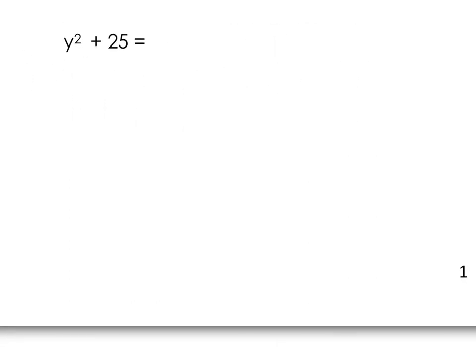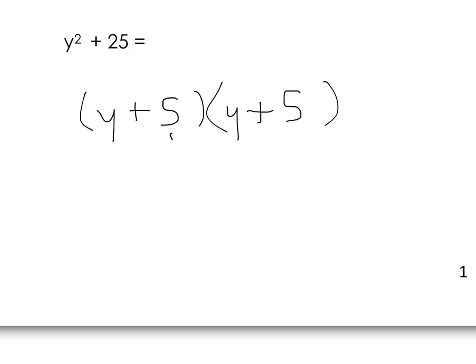y squared plus 25. I mean, we can try if you have y times y. If you put plus 5 and plus 5, the problem is the inside and the outside will give you plus 10y. That won't work.